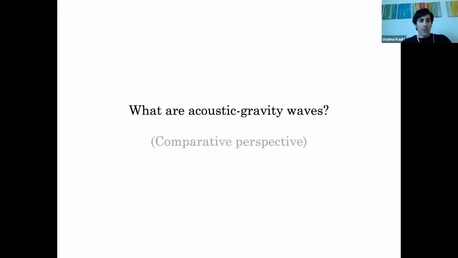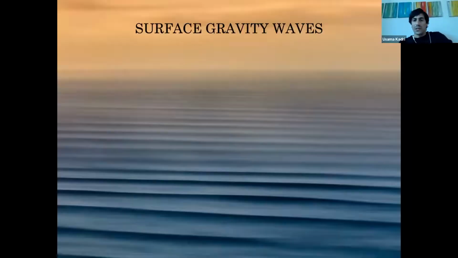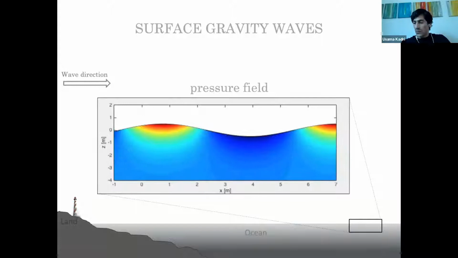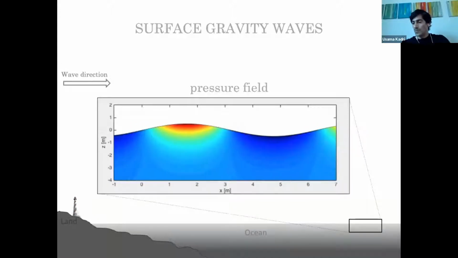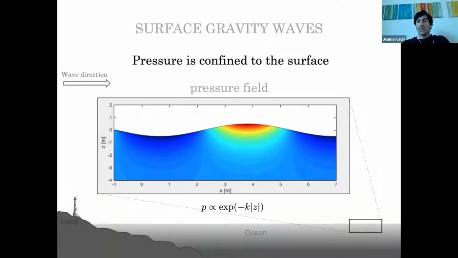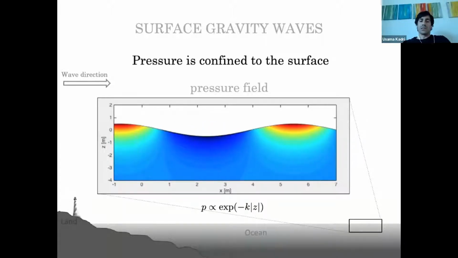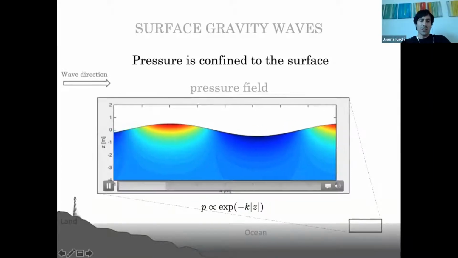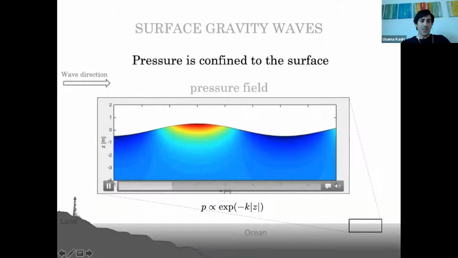Now, let's go back to the question, what are acoustic gravity waves? Let's compare that with surface gravity waves that we can see at the ocean, and let's take a pressure field, for example. If I take the pressure field at the surface of the water, what I see is that the pressure is decreasing exponentially with the depth. This is in meters, so this is just 4 meters.